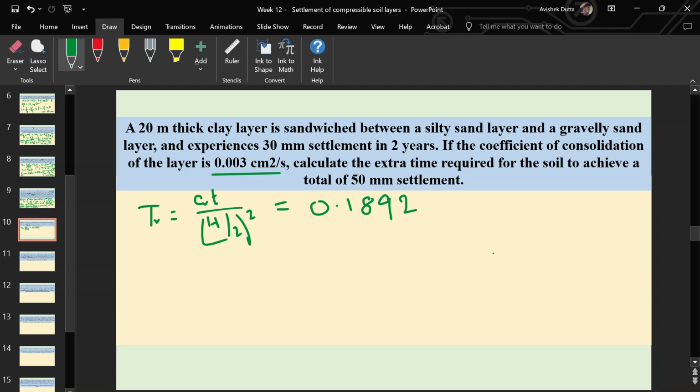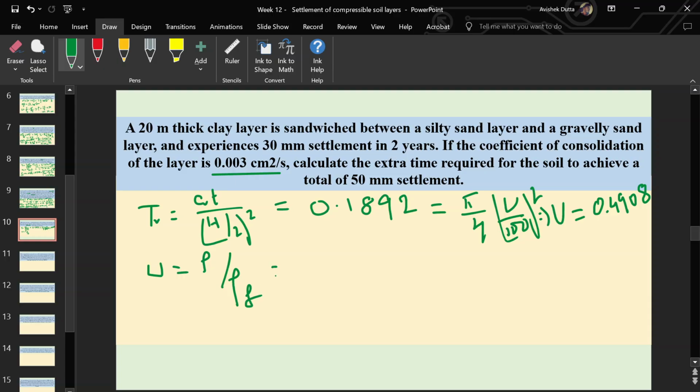Now assuming that U is less than 60%, so Tv equals pi by 4 into (U by 100) whole square, and from here you will get U in fraction 0.4908, that is 49% degree of consolidation. So this assumption was right, that U was less than 60%. Now this value of U equals settlement by ultimate settlement.